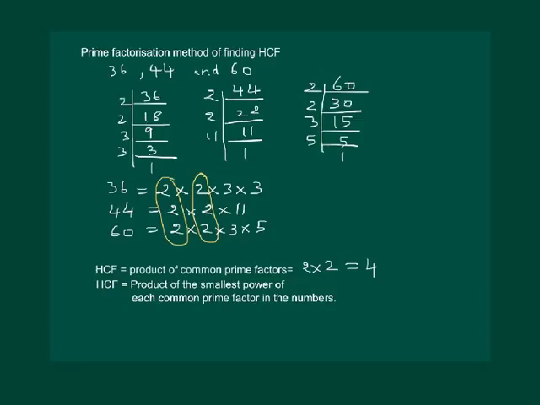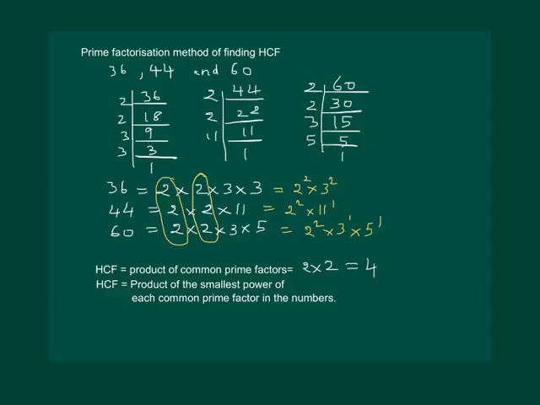We write each number in exponential form of the prime factors. So 36 is 2 square into 3 square. 44 is 2 square into 11 power 1. And 60 is 2 square into 3 power 1 into 5 power 1.